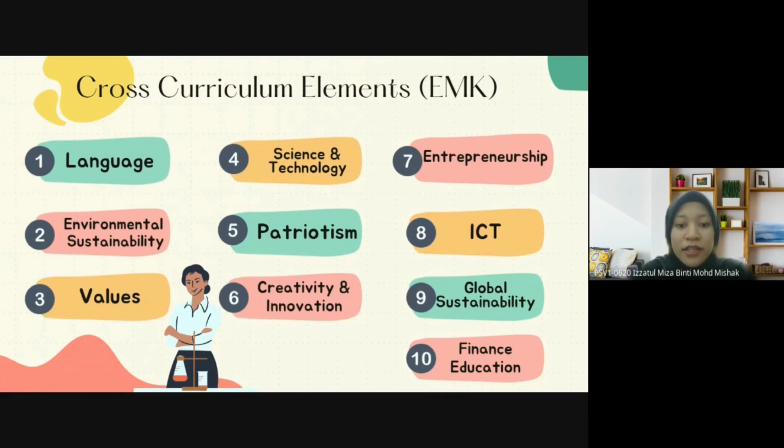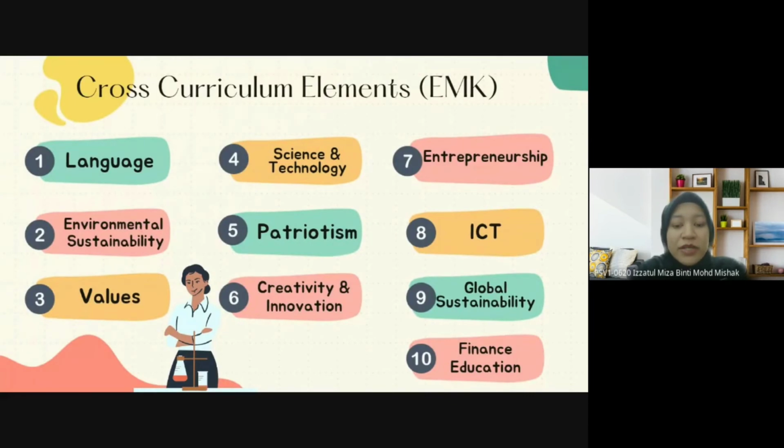Okay, next, the sixth, which is creativity and innovation. Creativity is the ability to use imagination in gathering, extracting, and generating ideas or creating new original ideas through inspiration and so on. Meanwhile, innovation is the application of creativity through the modification, improvement, and practice in class.